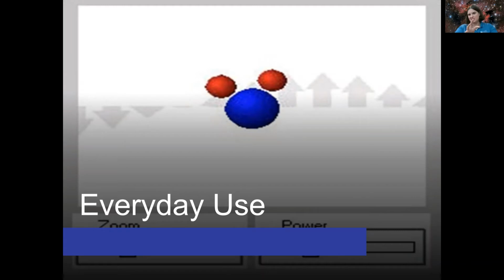Here's an example of a little water molecule with the oxygen and the 2 hydrogens attached to it. What happens in your food is that the microwaves give energy to the water molecules because they're not small enough to break apart the water molecule, but tall enough to transport energy into it.